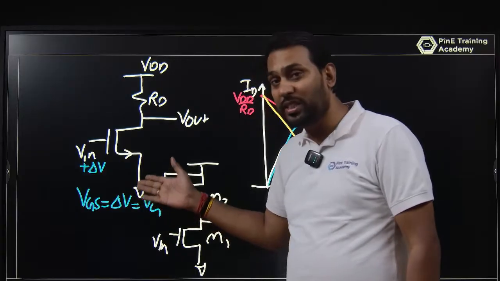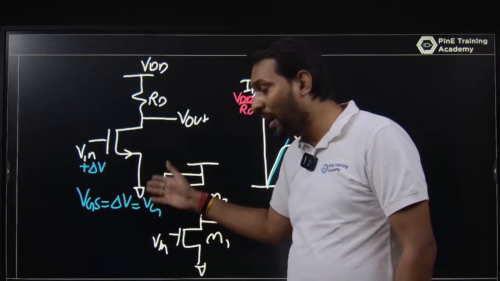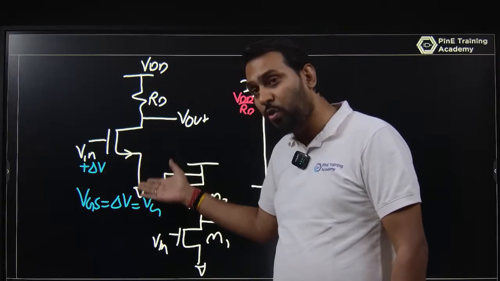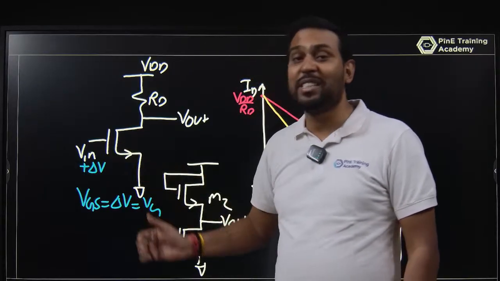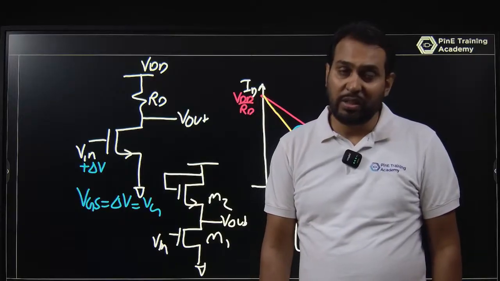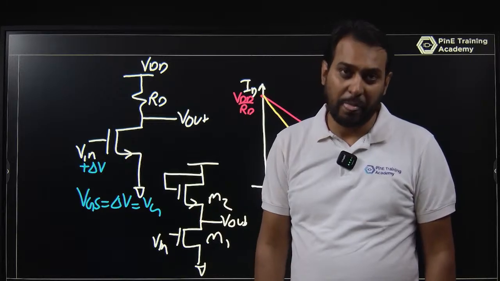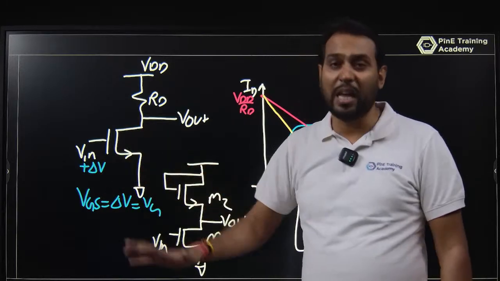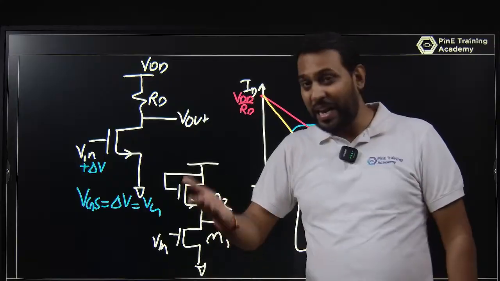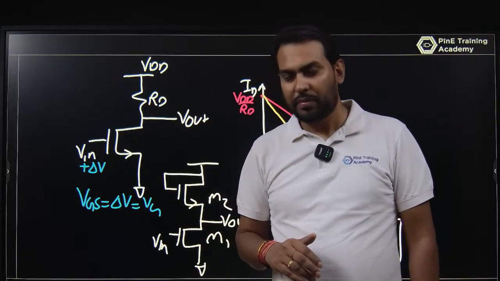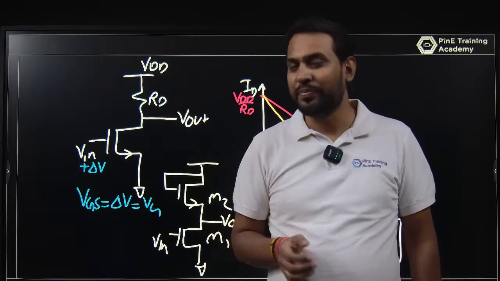Now here the source is grounded. In source degeneration you have a resistance, and the source voltage will increase as VGS decreases, so that you can bring down your gate voltage. It makes things stable. As the gain increases, you are going towards instability, you are going for an accident.